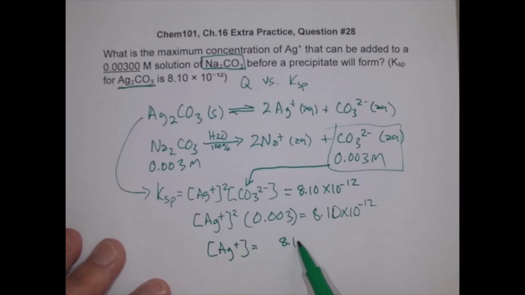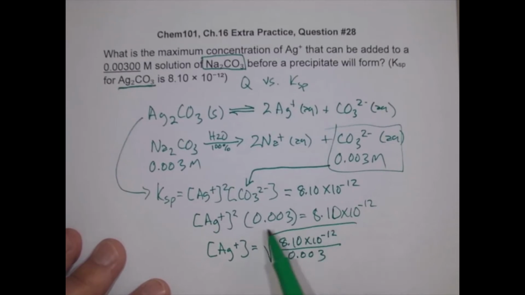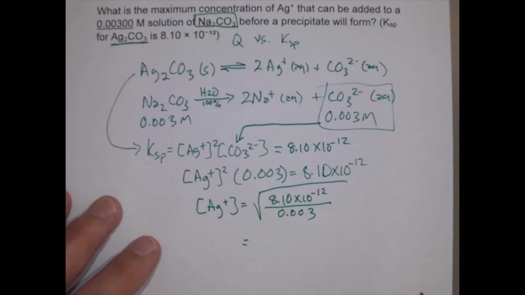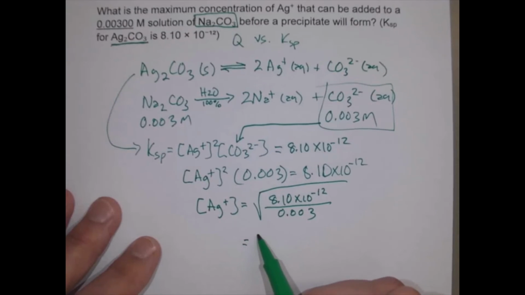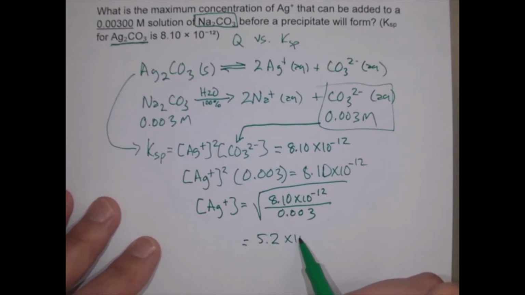It would be 8.1 times 10 to the minus 12, divide both sides by 0.003, and then take the square root of each side. If you plug that into your calculator, you would find that it's equal to 5.2 times 10 to the minus 5 molar.